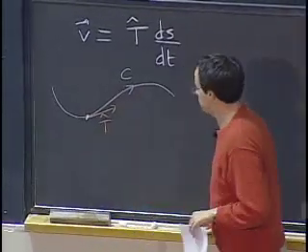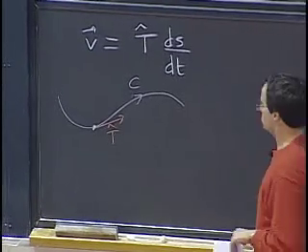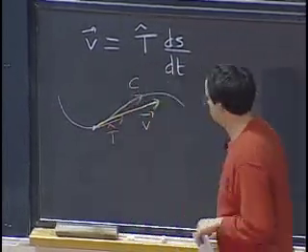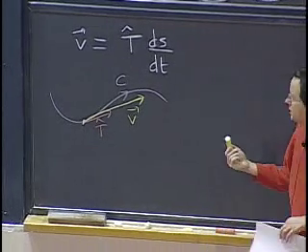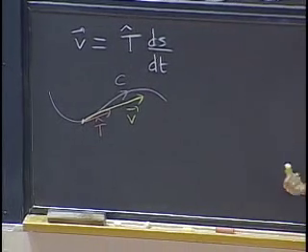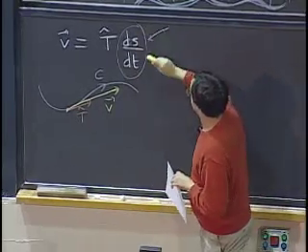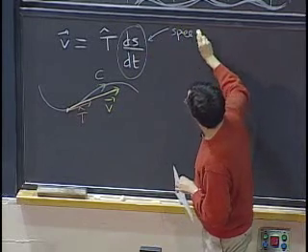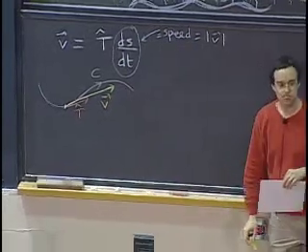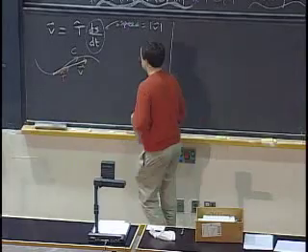Okay, so that's a unit vector that goes along the curve, and then the actual velocity is going to be proportional to that. And what's the length? Well, it's the speed, and the speed is how much arc length on the curve I do per unit time, which is why I'm writing ds dt. That's another disguise for the speed. Okay? And we've also learned about acceleration.